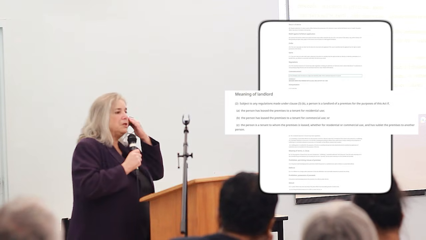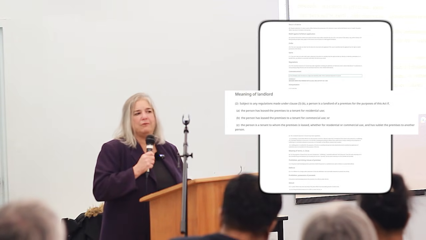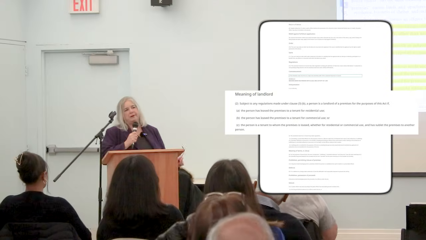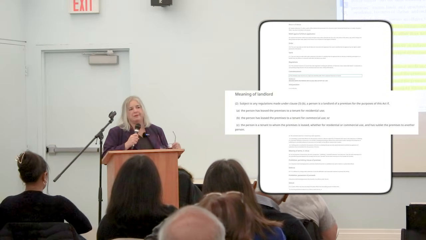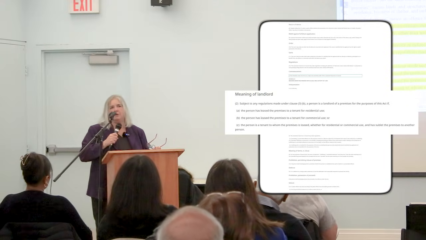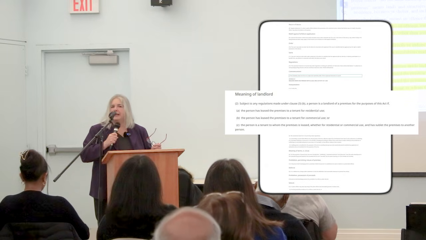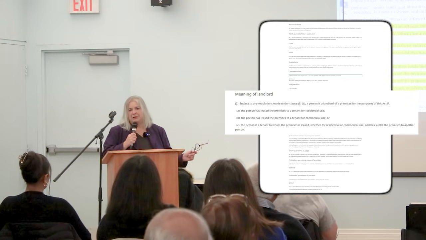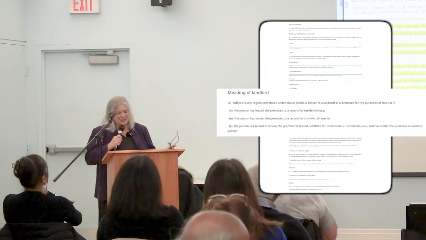So it's a pretty wide definition. We don't have the specific definition at this stage, but I think that when the regulations are finally written, they will be complementary and in line with the Residential Tenancies Act. So it's not too hard to figure out who the landlord is.